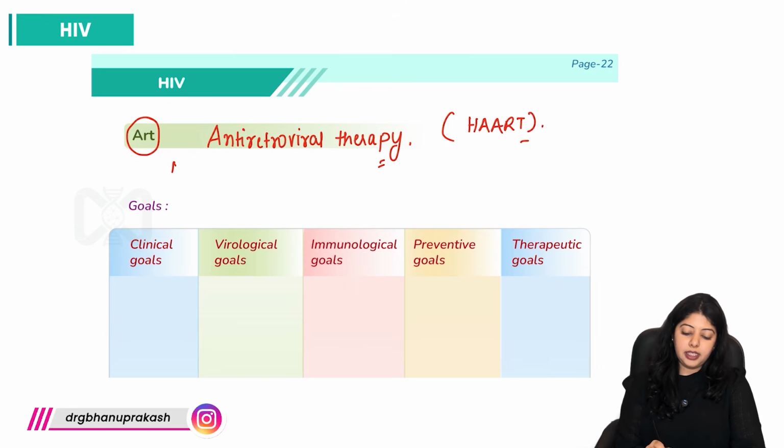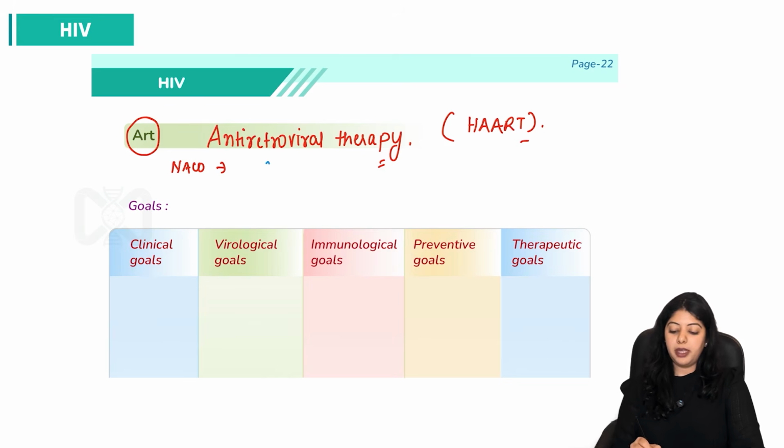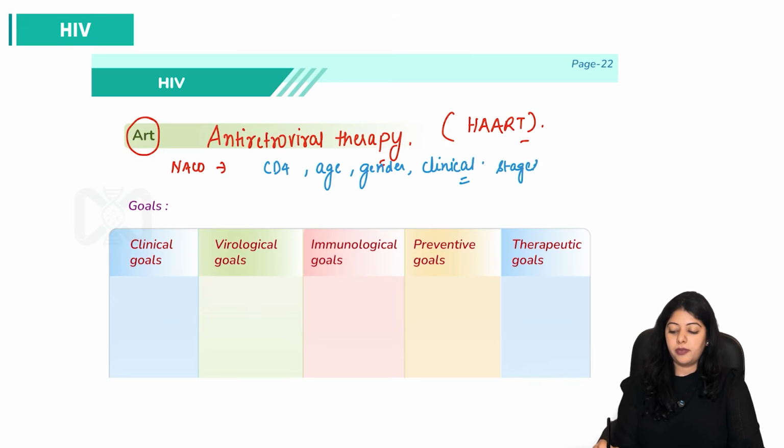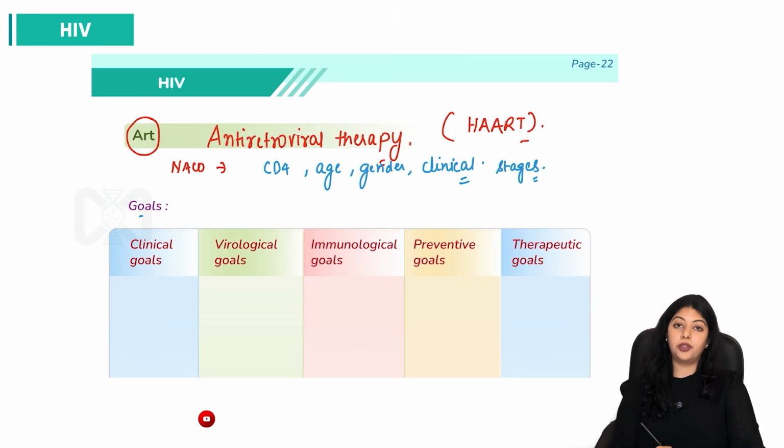NACO says that you are supposed to treat all patients irrespective of CD4 count, age, gender, and clinical stage. So we are supposed to treat all patients, since we know that HIV is a lifelong infection. AIDS is a lifelong condition. The virus is not going to get killed, and our body is never going to get rid of it.